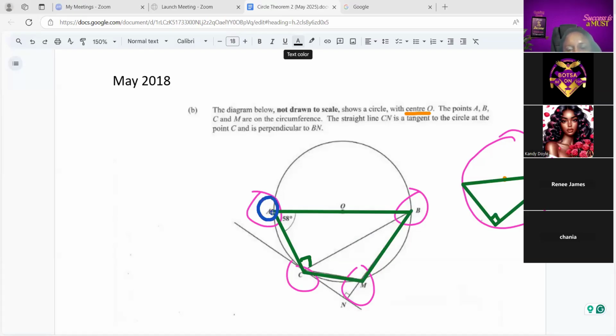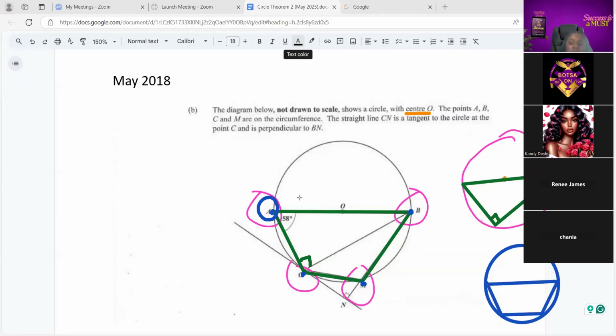A is touching the circumference, B is touching the circumference, M is touching the circumference, and also C. So they just hinted to you cyclic quadrilateral. So again, when you're reading these things, try to think about what rule that hint is about, because they're giving you a hint. Sometimes they tell you certain things, but sometimes they don't tell you everything. They just give you hints, and then you have to figure out the rest.